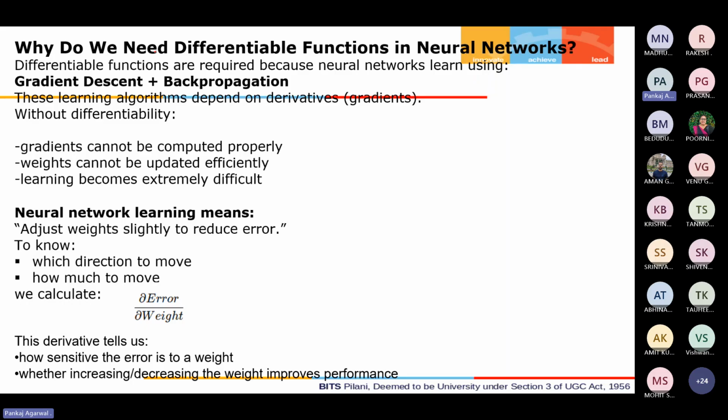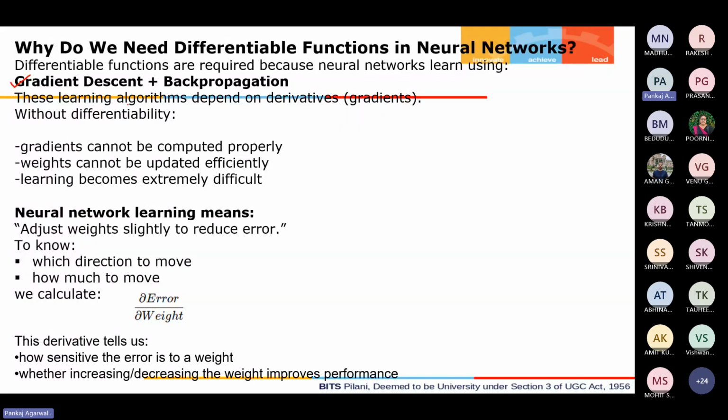Although I have not explained gradient descent yet, why do we need differentiable functions in neural networks? Differentiable functions are required because neural networks learn using what? Understand at this stage that gradient descent is how those errors from the output layer get propagated so that the weights get changed.